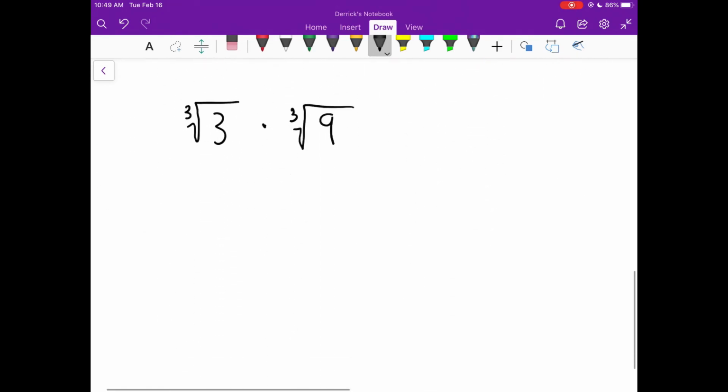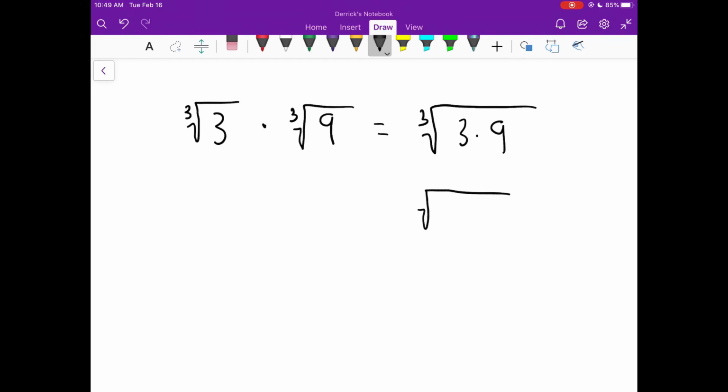Meaning, instead of writing it as the third root of 3 times the third root of 9, we could instead write this as the third root of 3 times 9. And then we know that 3 times 9 is 27. And if you look at the third root of 27, that is something we can truly do because the third root of 27 is simply 3. So now we don't necessarily have to use a calculator to figure that out.